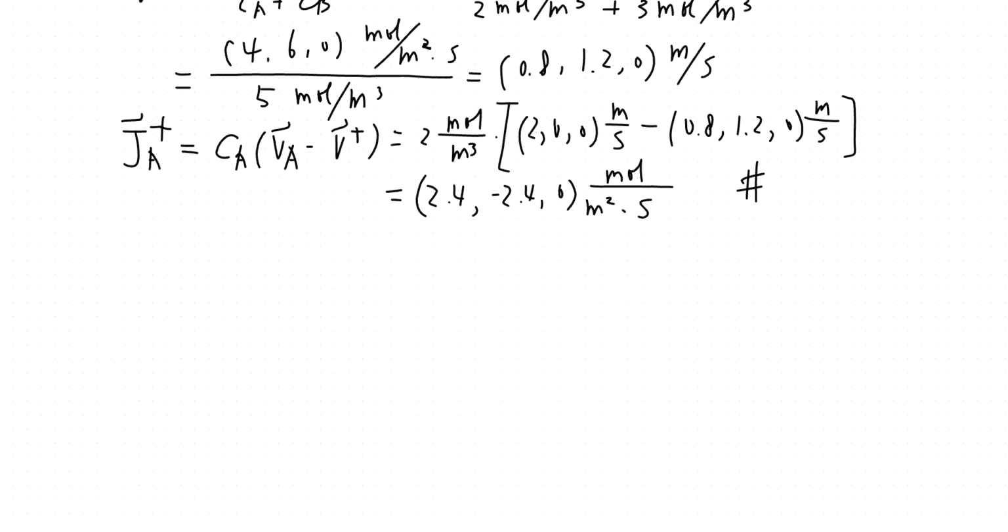Let's look at an exercise. In a binary system, the diffusive flux of A relative to the molar average velocity is given by this one. So JA dagger is given.